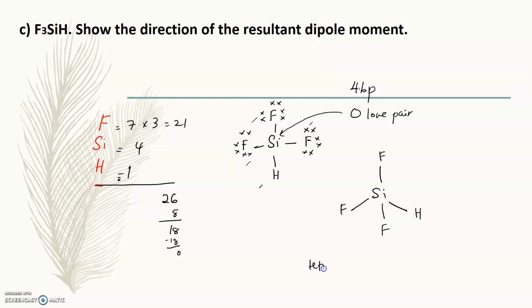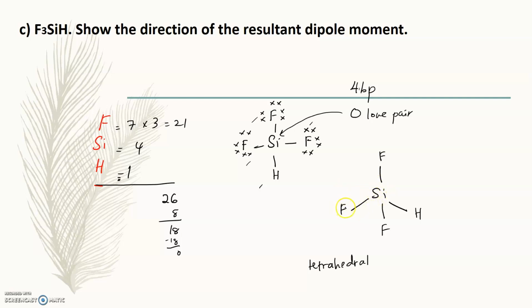Okay. Before you want to know polarity, you have to know geometry. Before you want to know geometry, you have to know how many bonded atom and lone pair on central atom. Before that, Lewis structure. So the direction dipole moment, okay, you look one by one for determining the dipole moment for each bonding.